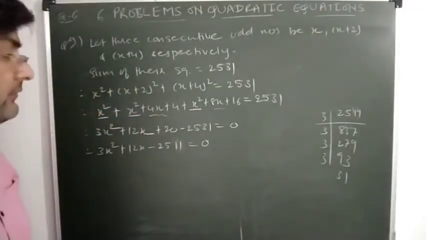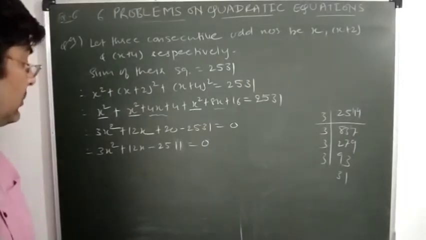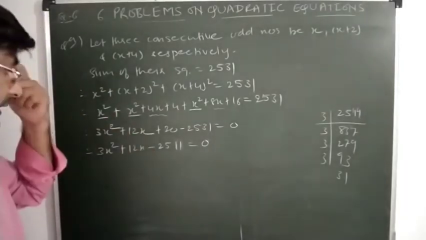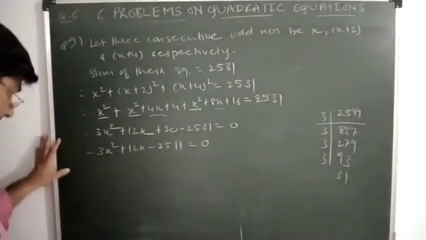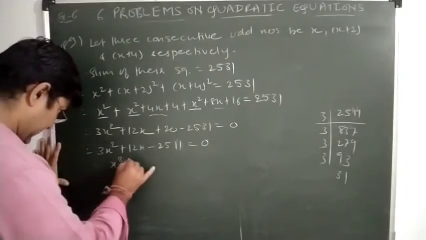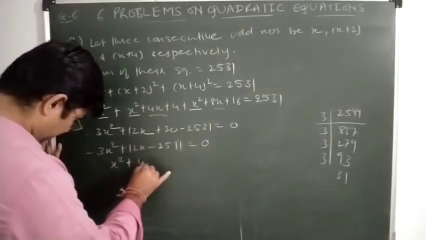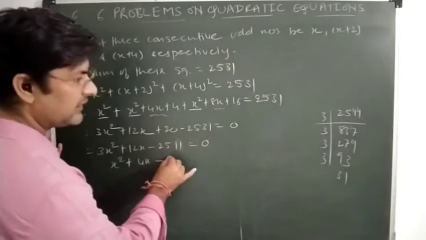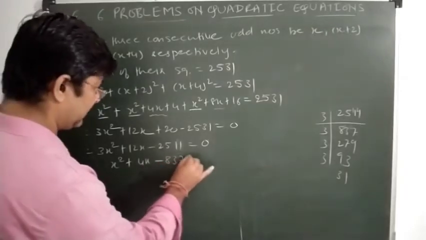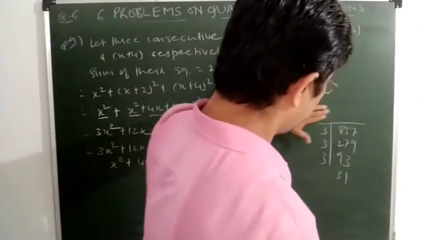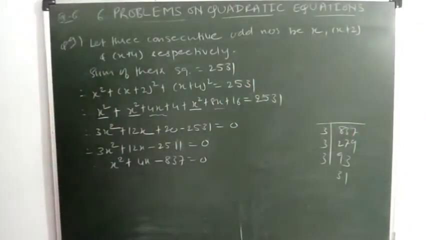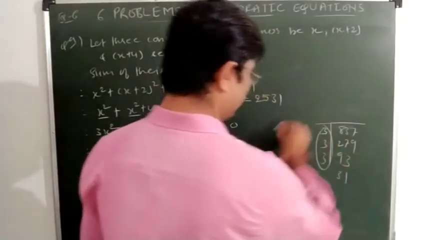Okay, still we can take common, yes or no? Taking common is possible out of the three terms because this is a multiple of 3 only. So let us first simplify and then do that. Therefore x square plus 4x minus 837 is equal to 0. Now it is easy to factorize. Here now we have 837 already factorized. Okay, the difference should be 4. So 31 and 27 we can take.